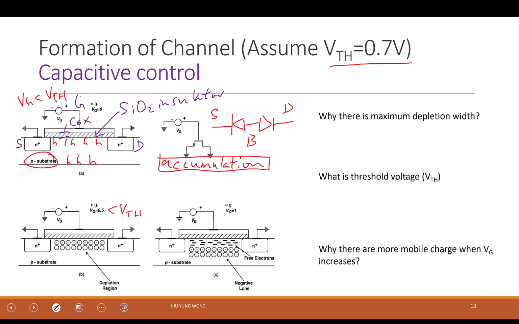Now I raise the level, then it will be less attractive for more water molecules to come in, right? I keep raising, so the holes are going to be repelled away. I have a lot of holes here, and now they got repelled.